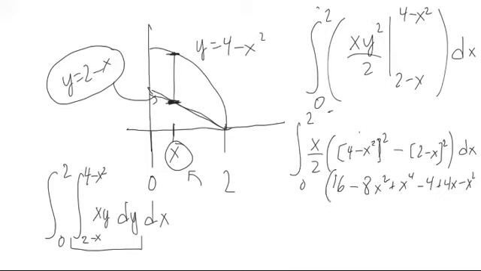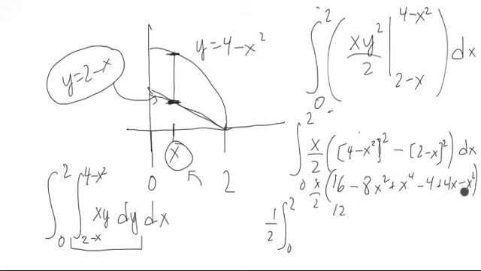All that is multiplied by x over 2. We can keep the 1/2 factored out and just multiply the x through. Maybe we should combine terms a little bit. 16 and negative 4 combine to a 12.